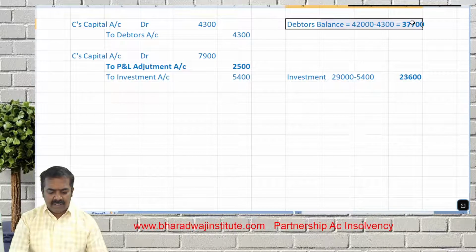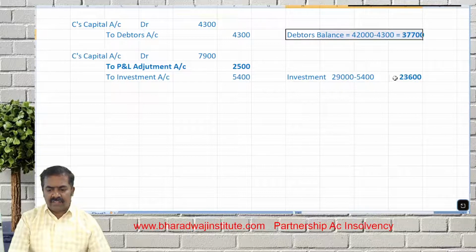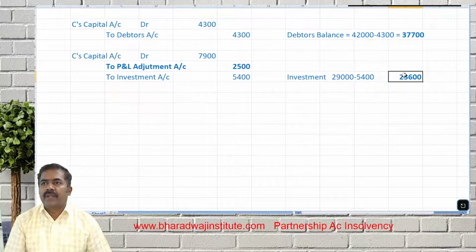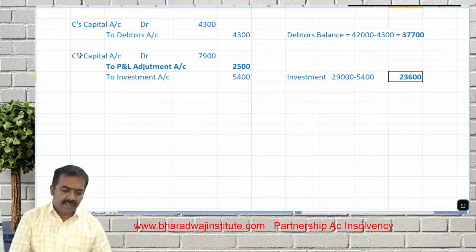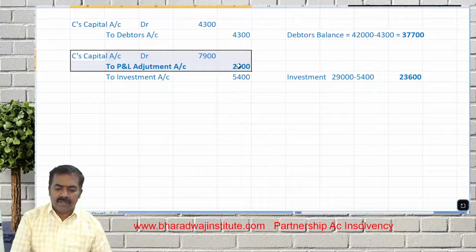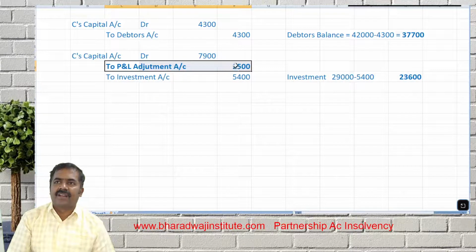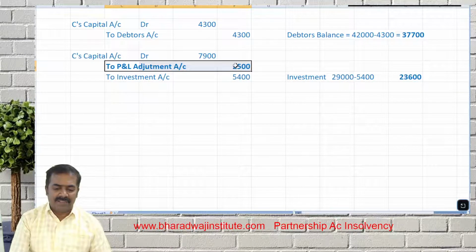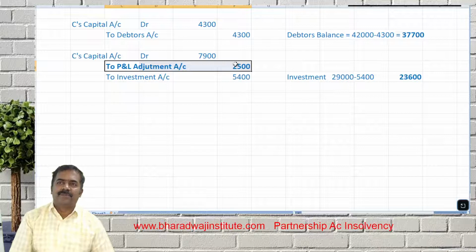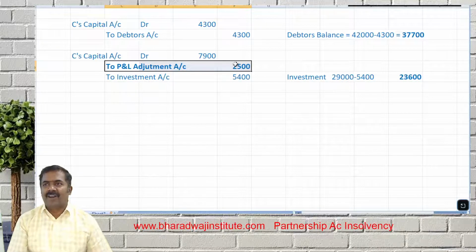So debtors balance is 37,700. Investment balance is how much? 23,600. C's capital account debit. Do you understand? This P&L adjustment account is credited because errors are located after preparing the final accounts. Now wait a minute. The profit is credited. This profit on sale of investment will be shared by all partners in the profit sharing ratio.